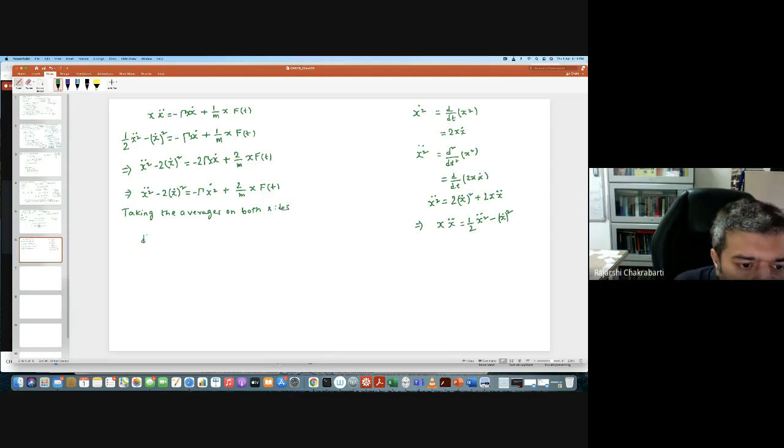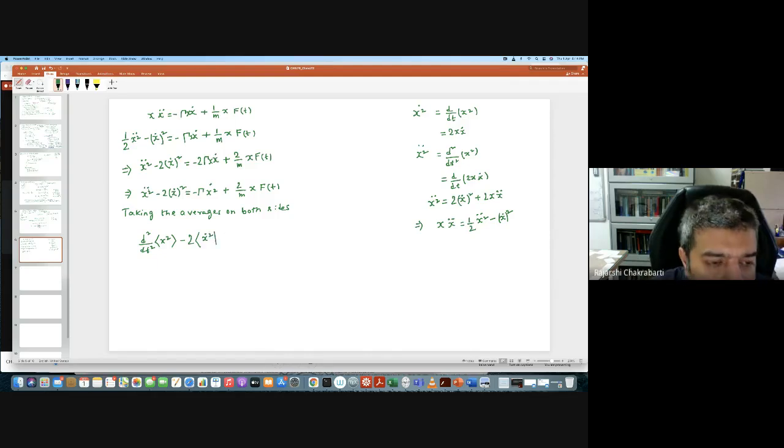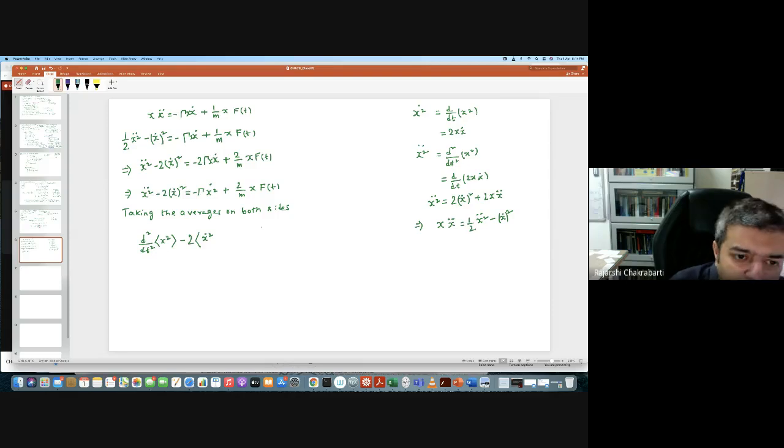If I take the averages on both sides, what am I going to get? This is the second derivative of this. You had x square, replaced by the x square average, minus 2 x dot square average. Remember, here the double dot is outside. I am just hoping you follow.